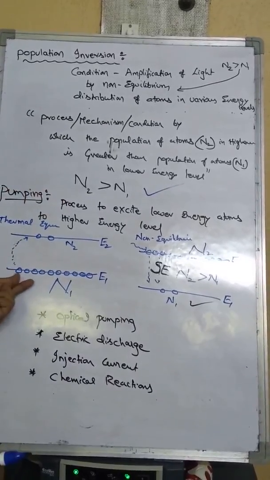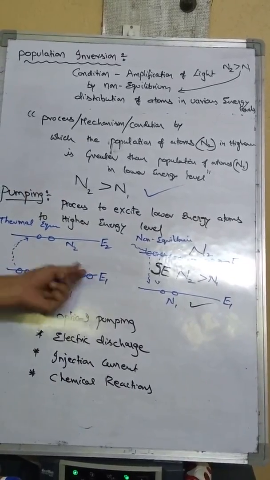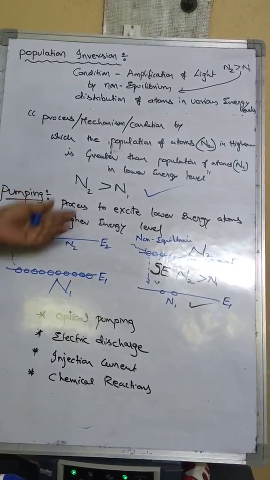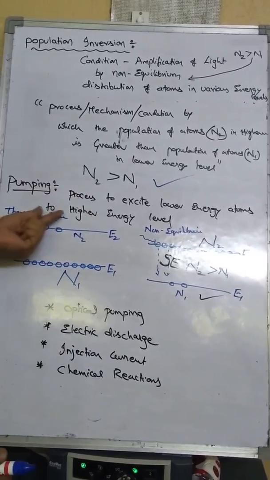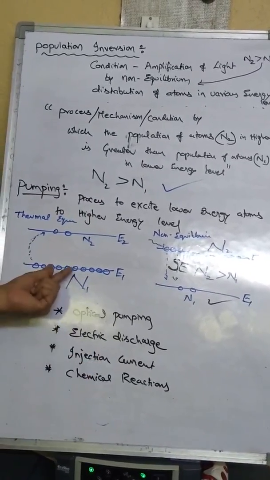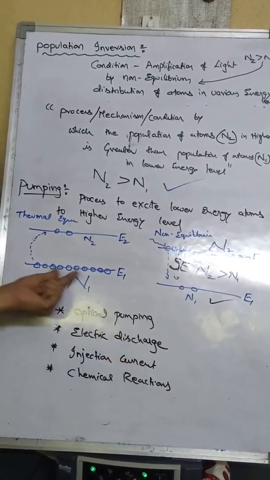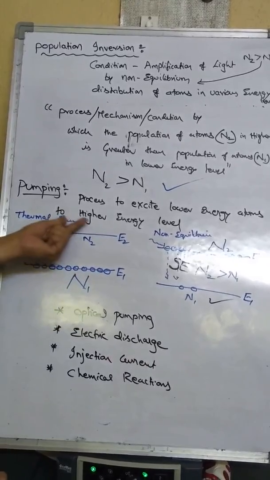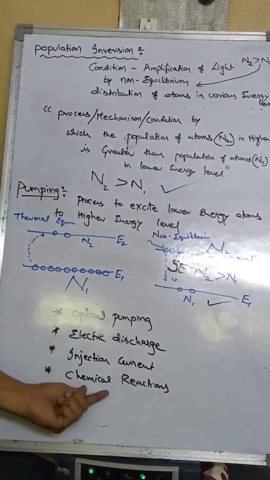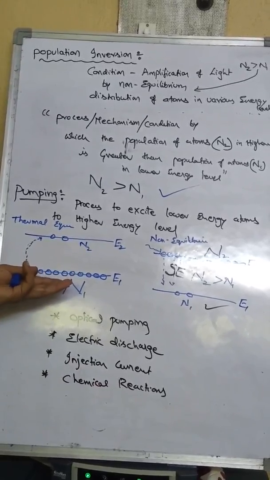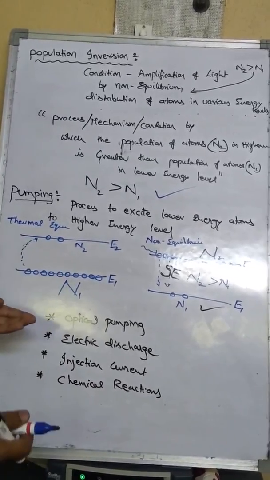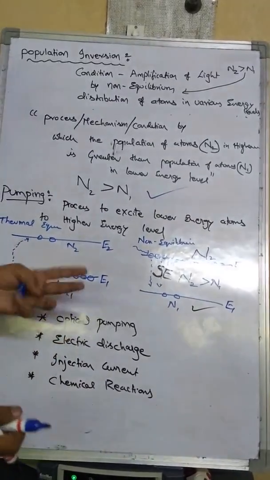So if I supply optical energy to the ground level atoms, all will be pumped to higher energy level. If I supply some voltage, electric discharge, then all the atoms will be raised to higher energy level. If I supply some injection current to these ground level atoms, all will be pumped to higher energy level. If I use chemical energy, there are two types of reactions, endothermic reaction and exothermic reaction.